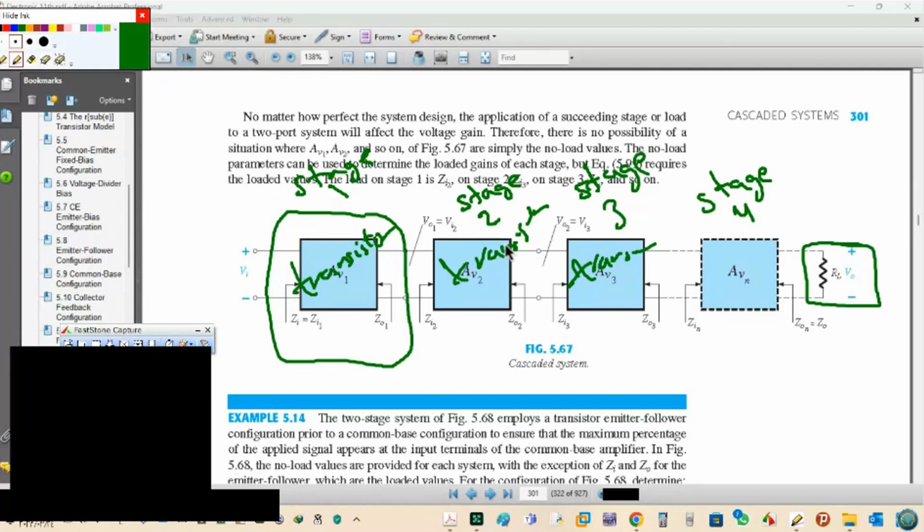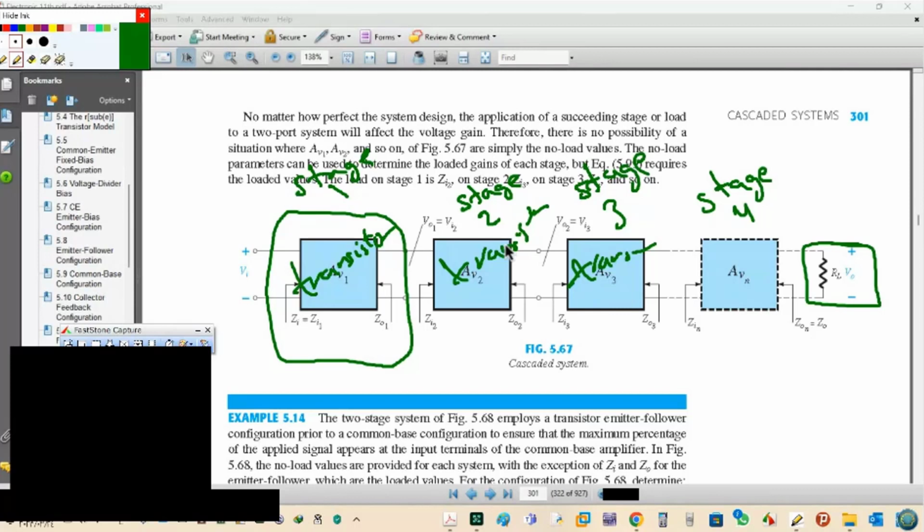If we have n, that means we have n transistors. I'm talking about electronics. So again, why do we need multi-stage? We need it to reduce the heat, and maybe using many stages is cheaper than using one stage. I gave you multi-stage in DC, and today we talk about multi-stage in AC and how we can calculate the total amplification.